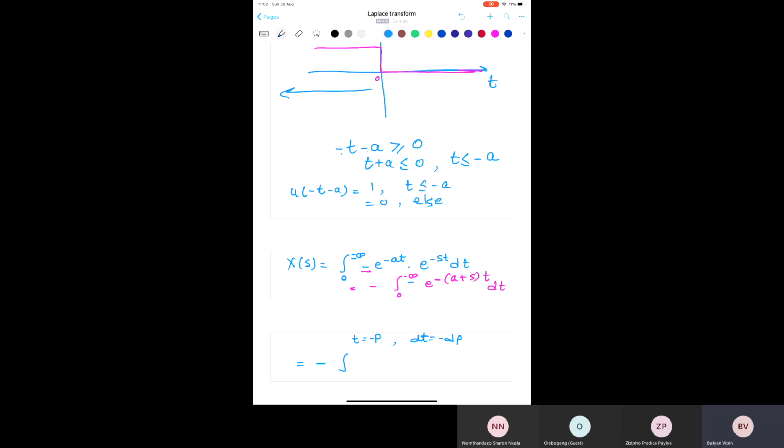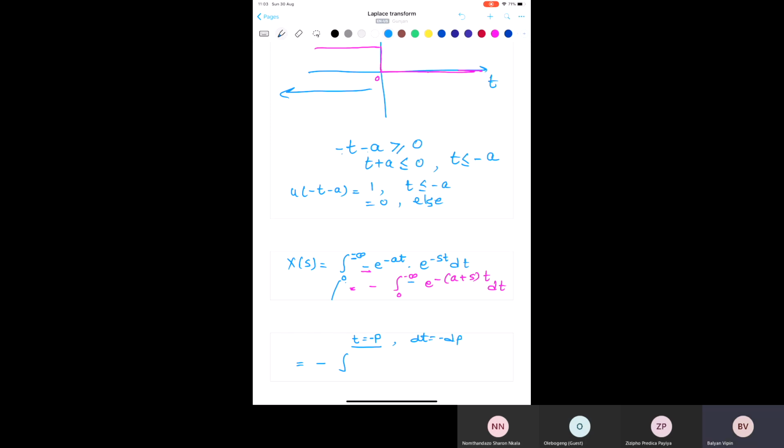So dt will be equal to -dp. When you put the lower limit here, you must know how to do the limits in integration. When you change it to another variable, there is a minus limit here.